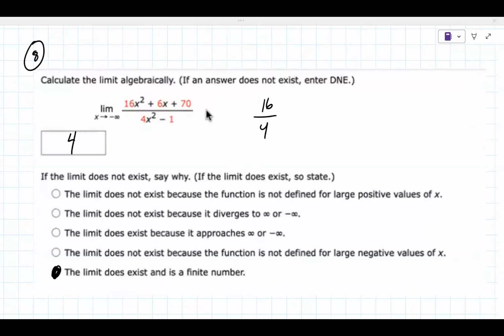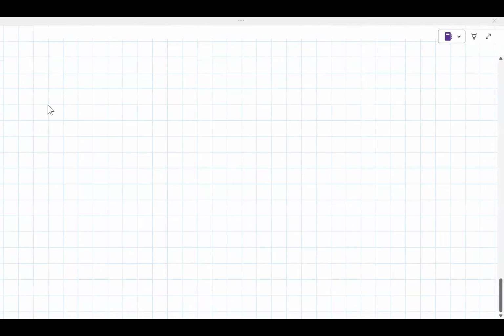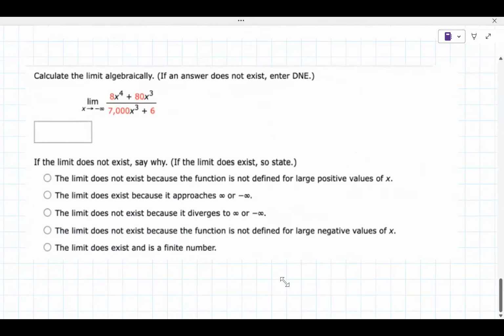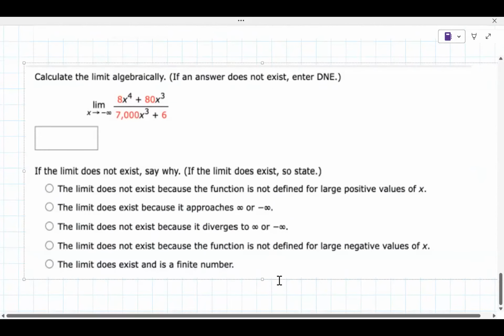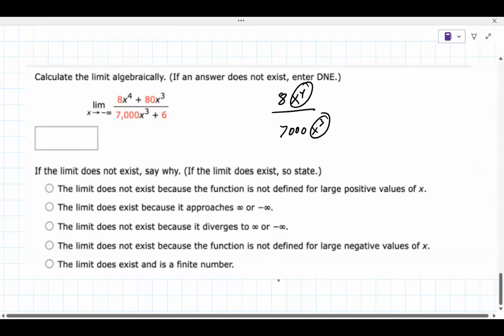Okay, so then we look at 9. I guess 9 is different because we have a bigger exponent in the numerator. This one is considered top heavy because there's the 4. So it's 8x to the fourth over 7,000 x cubed, but because it's top heavy, that means it either goes to positive infinity or negative infinity.